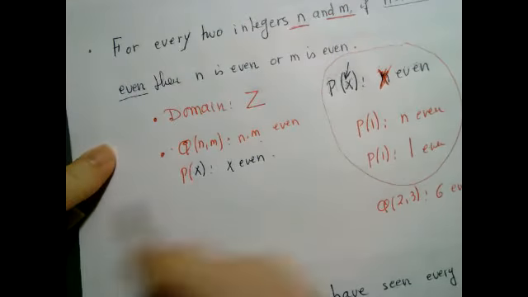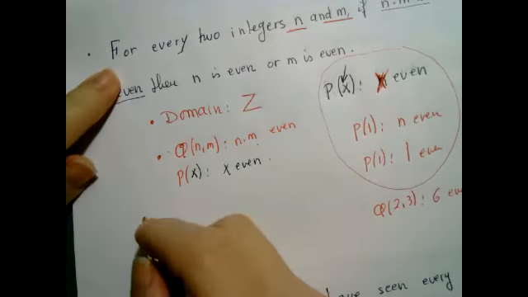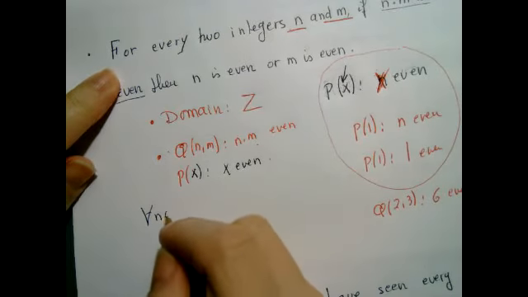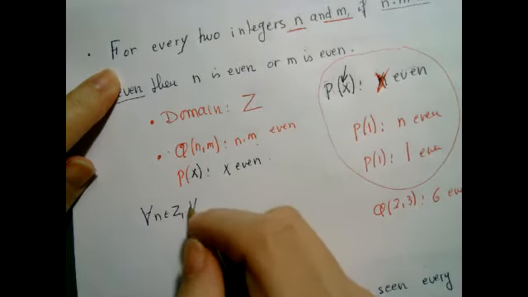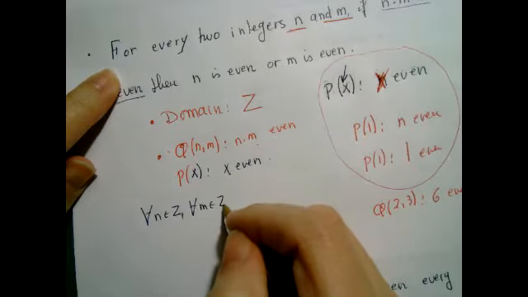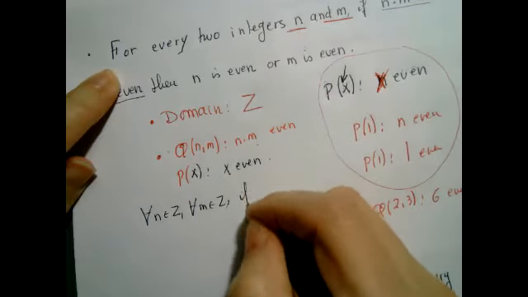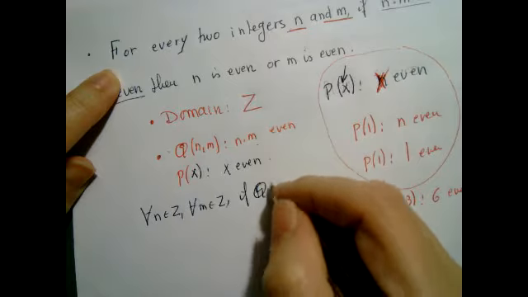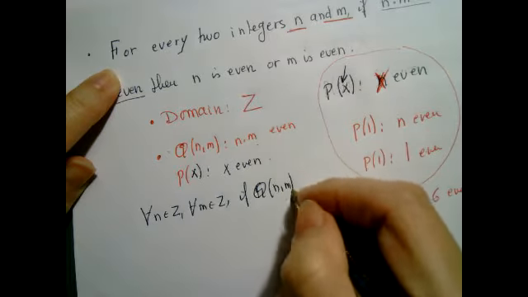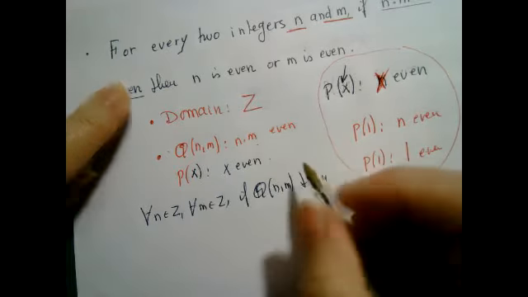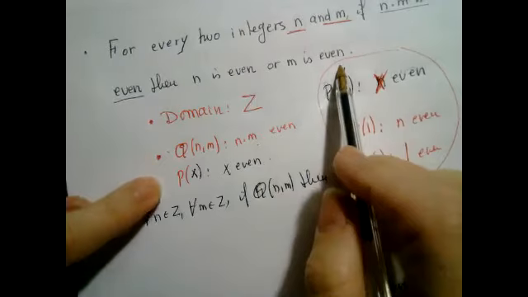Now I'm going to write this using the predicate. So for every n in Z, for every m in Z, if Q of n and m, then n even or m even.